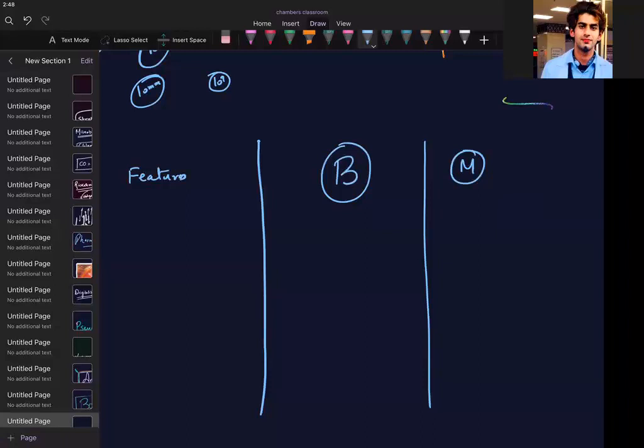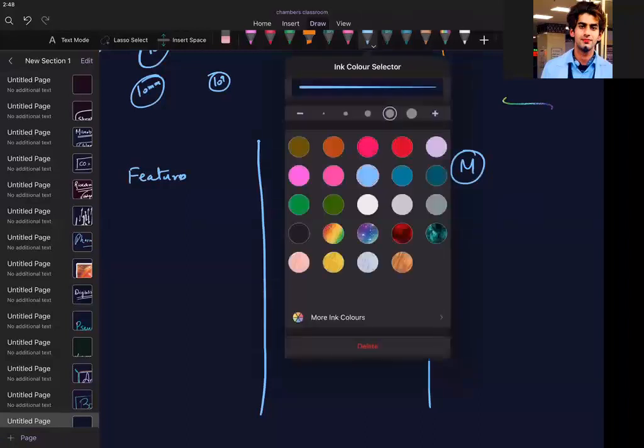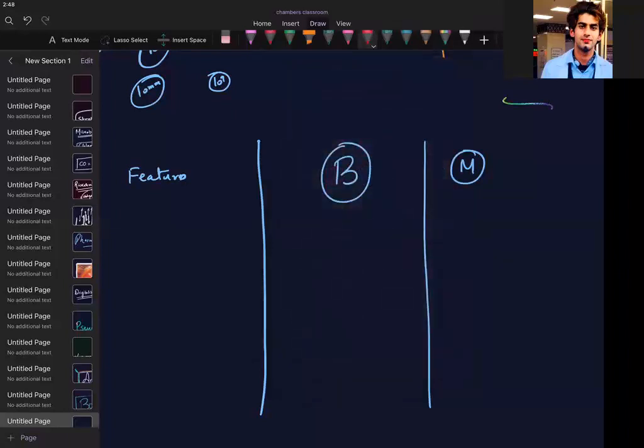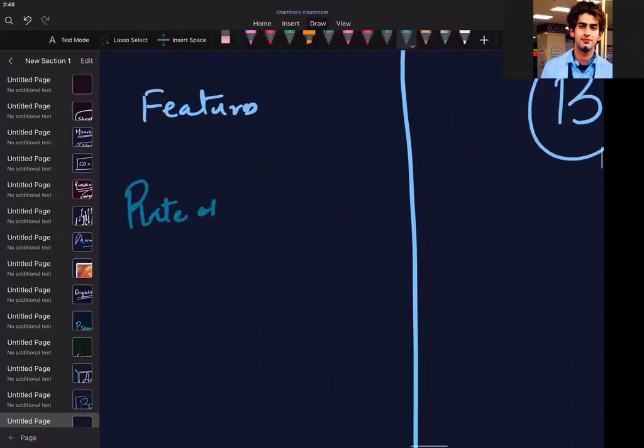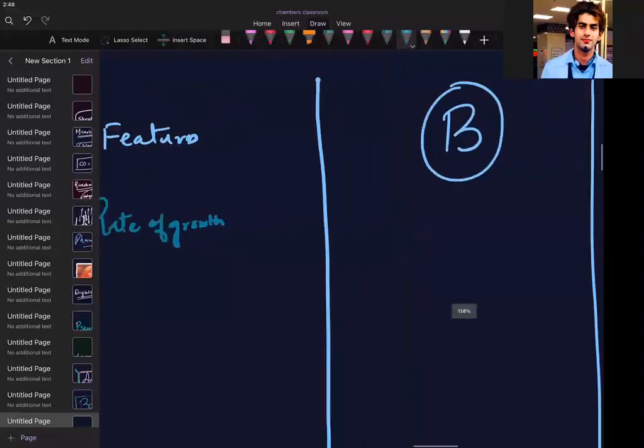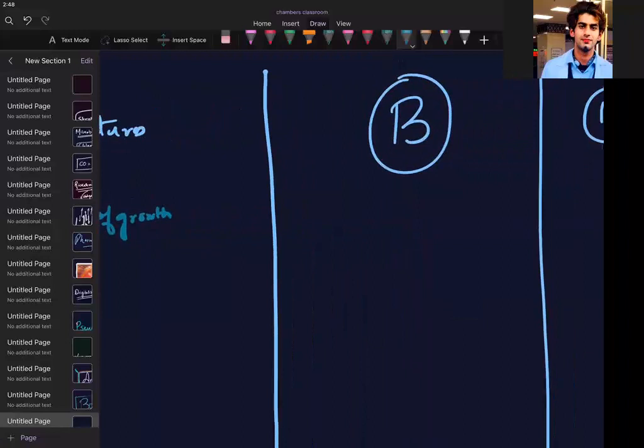Okay. I will be randomly changing the pens. The pen which I will be marking in red will be important. Okay. So whatever I write in red will be important. So you have to see the important difference. So if I talk about the rate of growth of tumor, which tumor was rapidly increasing, benign or malignant?